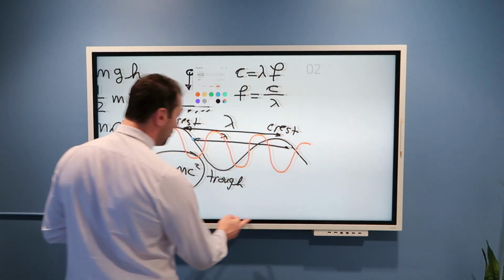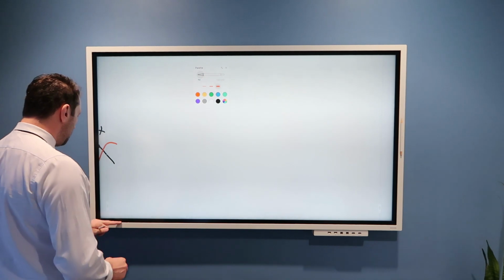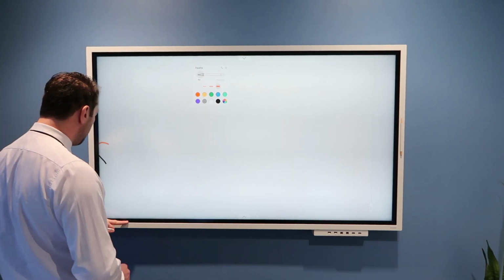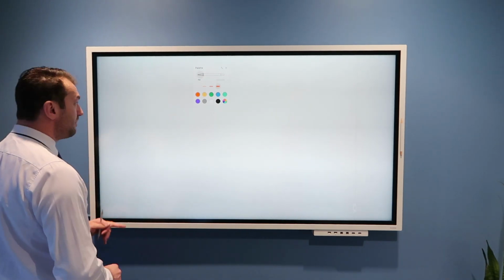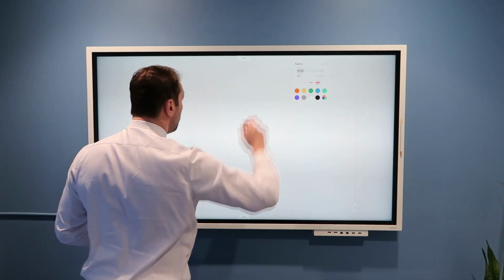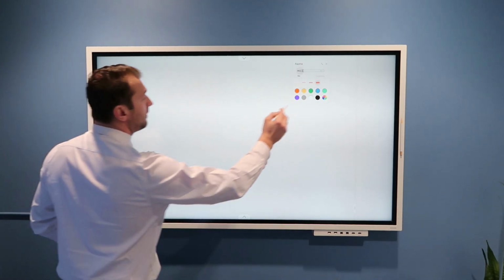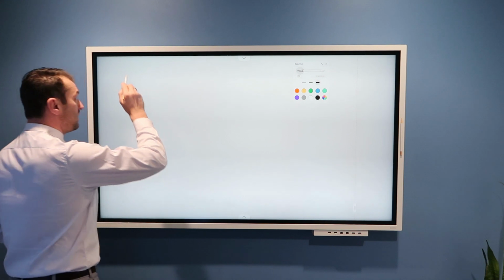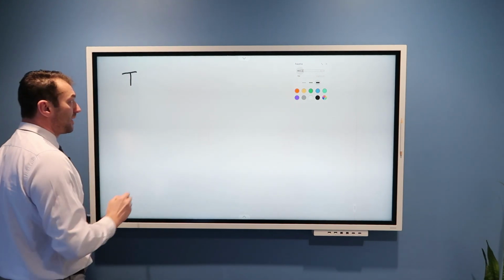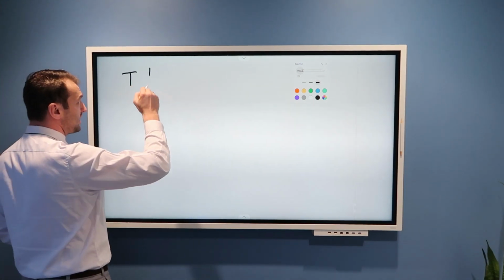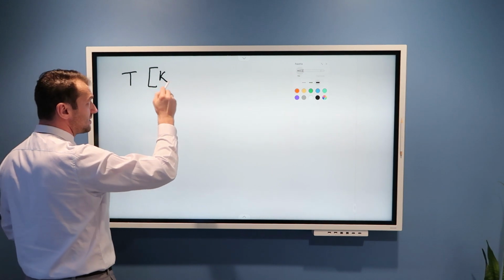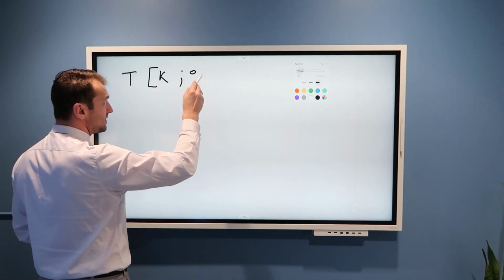Lastly, I would like to connect this concept of energy a little bit with temperature. What is temperature? We often indicate temperature with capital T, and temperature is either given in kelvins or in degrees Celsius.